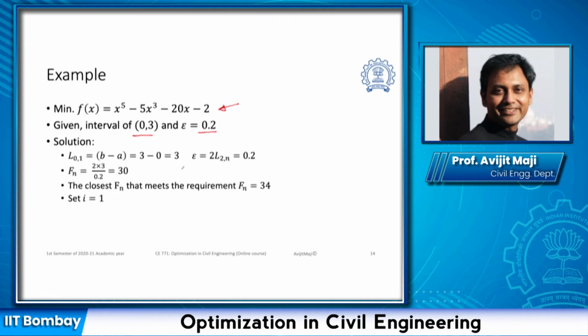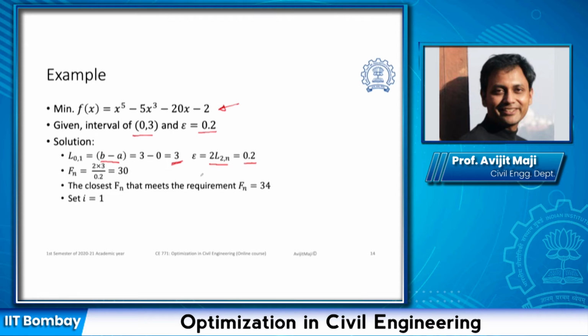Now the initial interval distance is going to be b minus a, which is going to be 3, and as I said, the interval which we are looking into is going to be 2 times the last distance, and we have indicated that as 0.2.